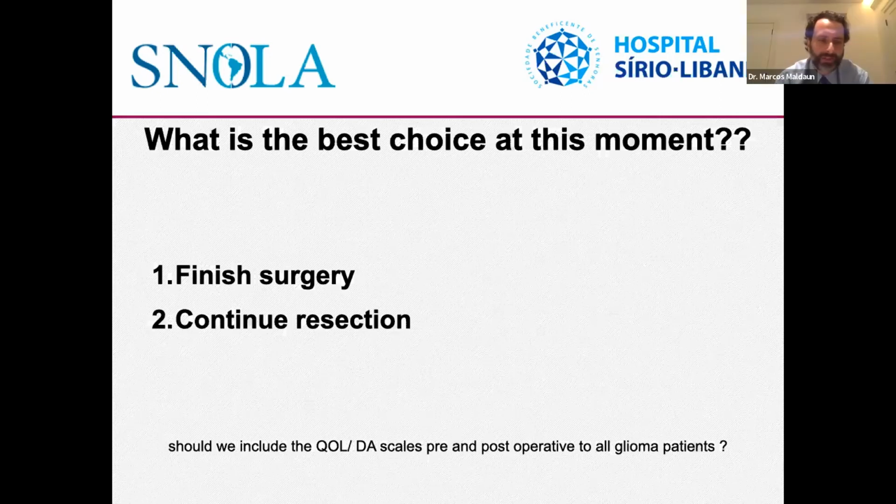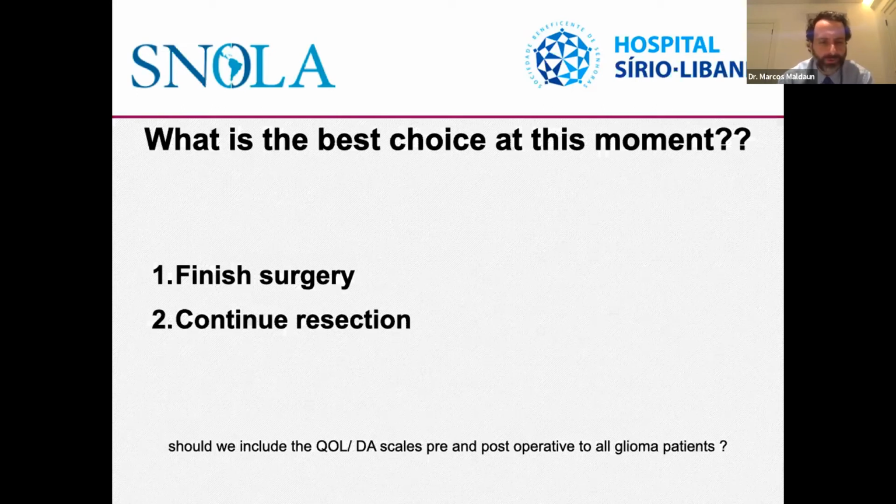We know that this is a surgeon decision, and we decided to continue with surgery and resect the residual disease. But we know that the posterior part of the insula is maybe the critical portion regarding speech and mainly motor deficits that could appear.